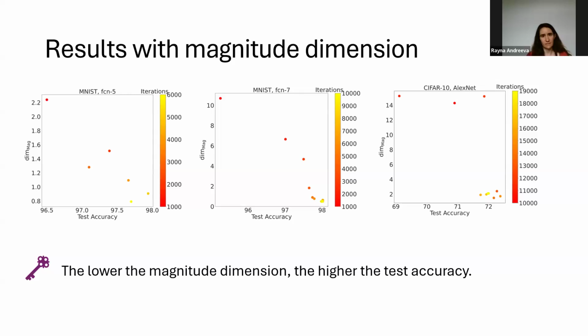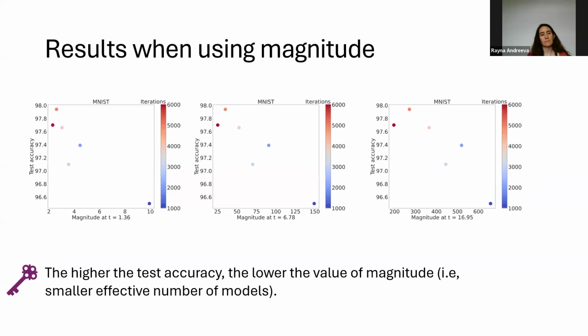Then the next question we wanted to ask was, what happens if we use just magnitude? Because we have more intuition about what this tells us about the space in terms of effective number of points, we fix a scale for magnitude and then plot it against the test accuracy.